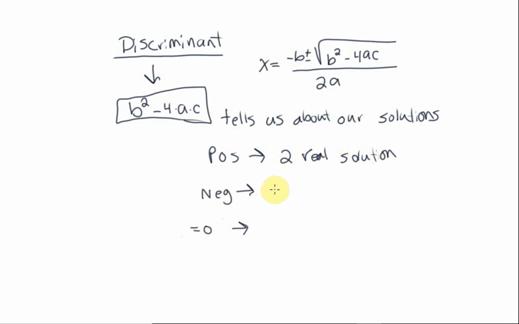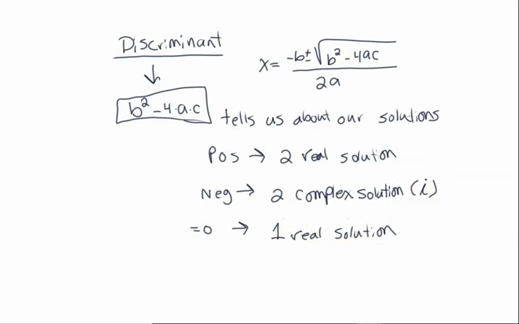If it's negative, we're going to get 2 complex solutions. When I say complex, I mean it's going to be a complex number for our solutions. That's when we're talking about getting the i, because we're taking the square root of a negative. That should make sense, right? If it's 0, we're going to get 1 real solution. Okay?